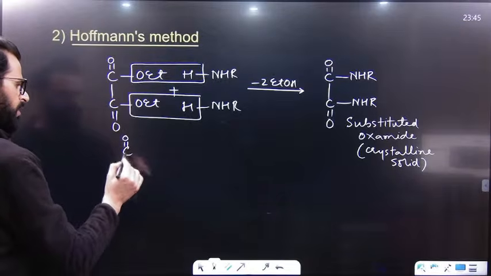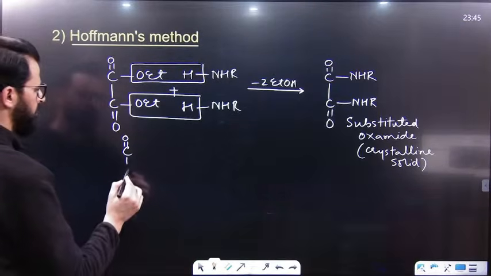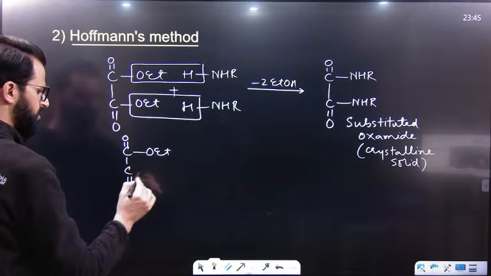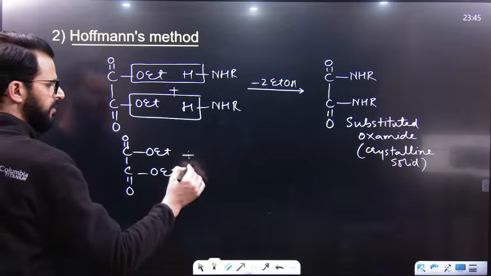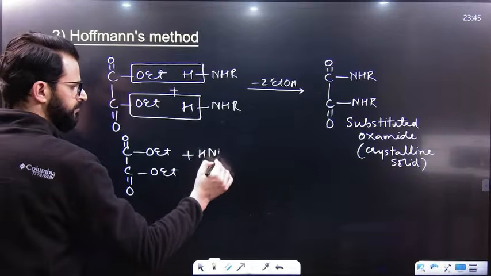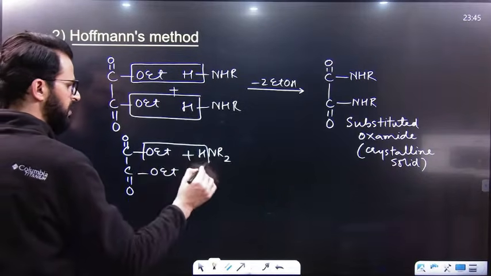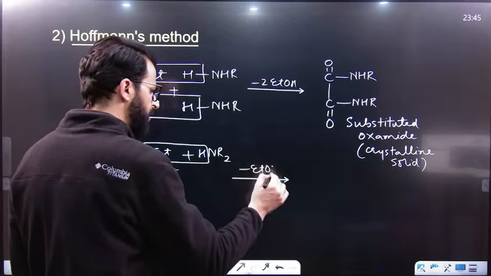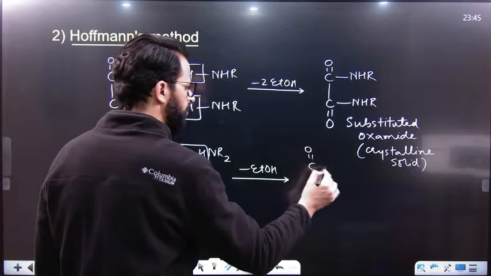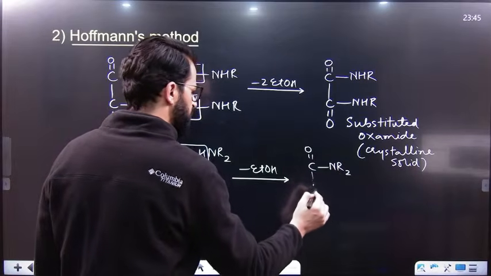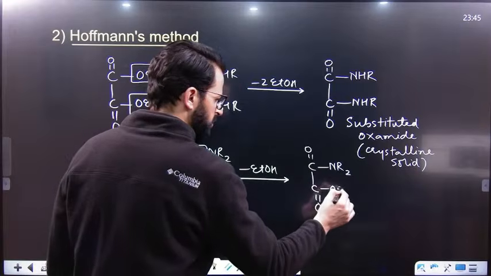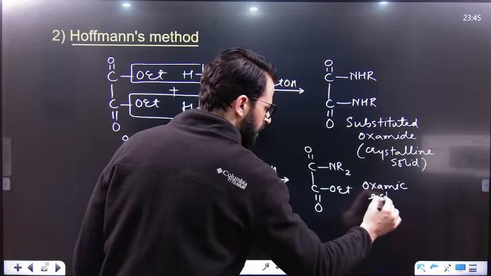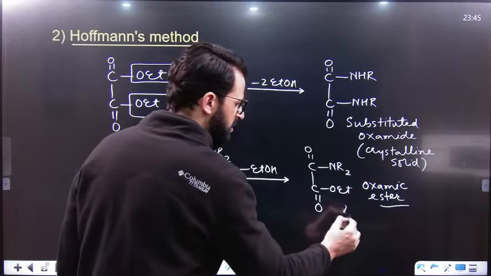But if diethyl oxalate reacts with secondary amine, it will react like this. It will lose ethanol and it will form C double bond O NR2, C double bond O OEt. This is known as oxamic ester, and this is a liquid.